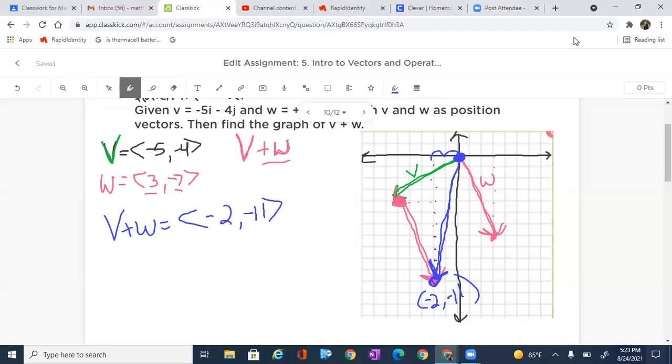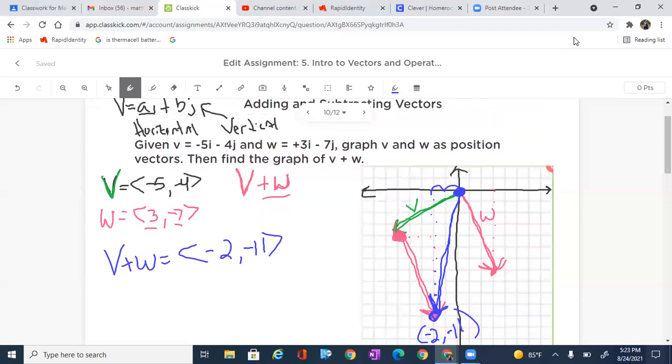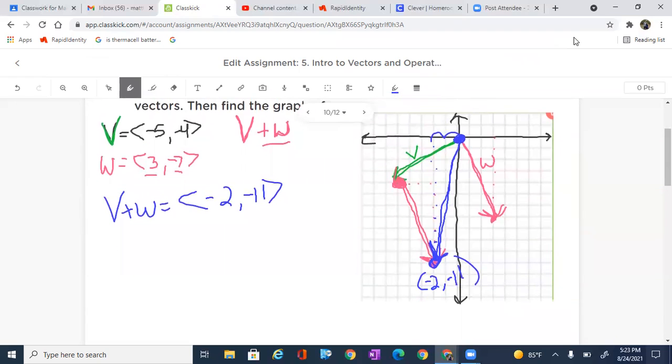Well, how could we do that just a little bit easier? Well, how do we get negative 2 from negative 5 and 3? We add them together. So v plus w is simply, if I was to make my life easier, I could have just said negative 5 plus 3. And I could have easily said, well, how do I get that negative 11 from negative 4 and negative 7?